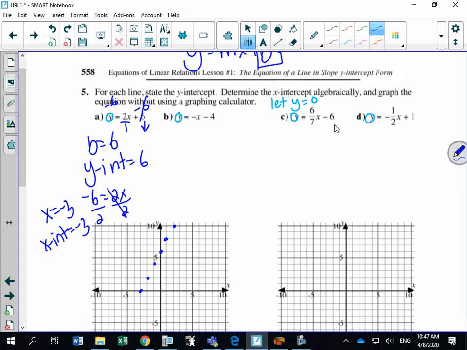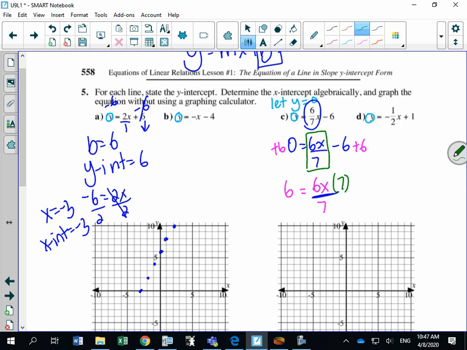If you guys are going to do this one, remember it's 0 is equal to, rewrite this as 6x over 7 minus 6. Box this in and get rid of that minus 6 first. Add 6 to both sides. I would get 6 is equal to 6x over 7. Now say to yourself, x is being divided by 7. What's the opposite of dividing by 7?